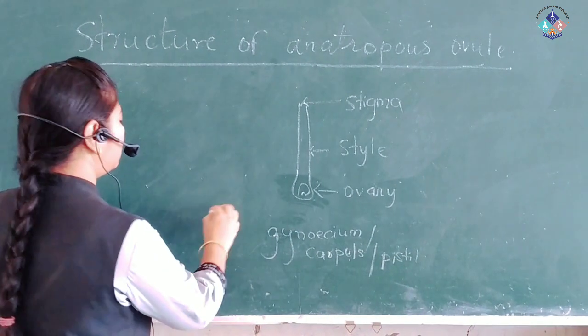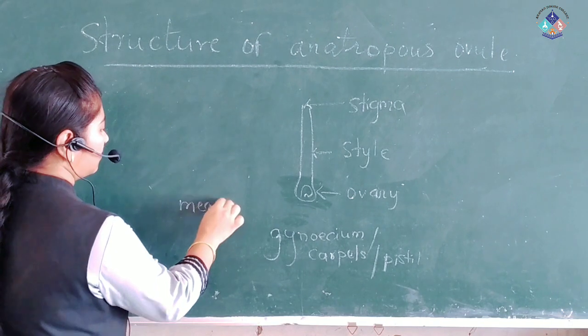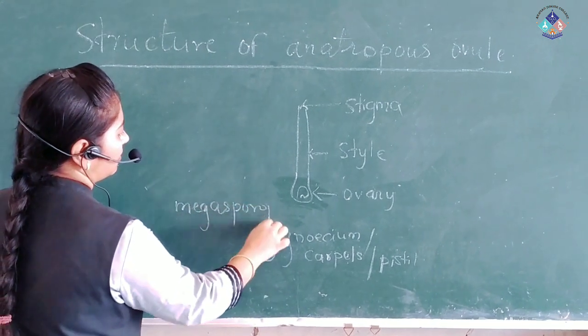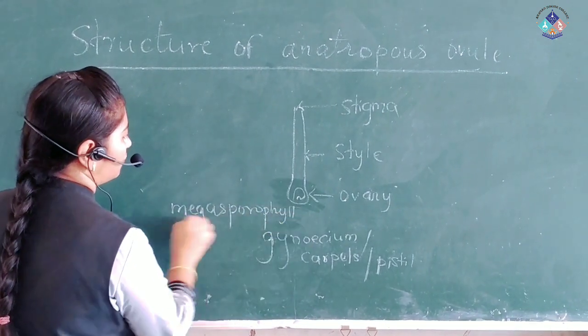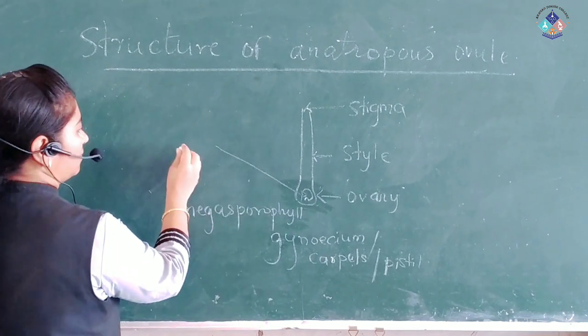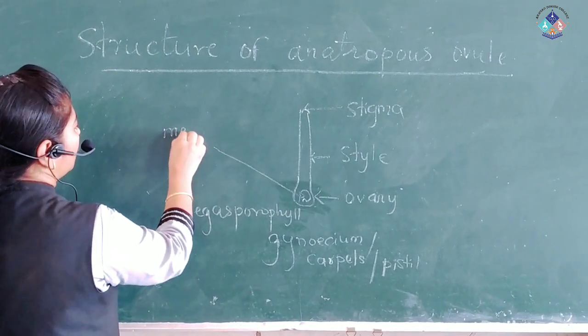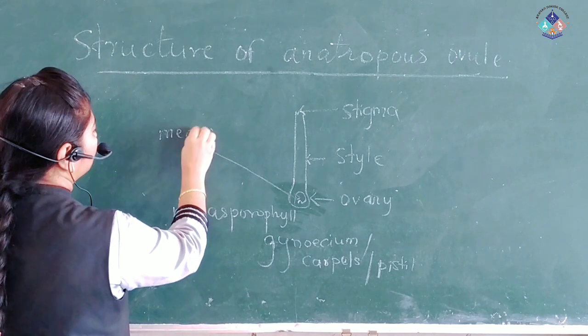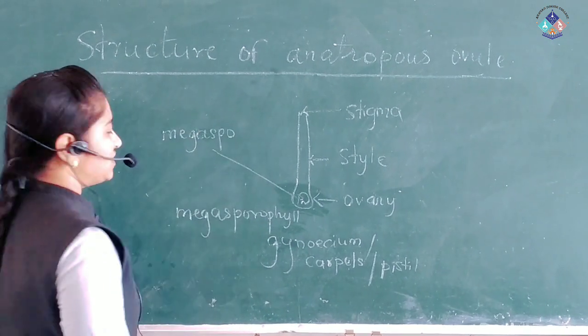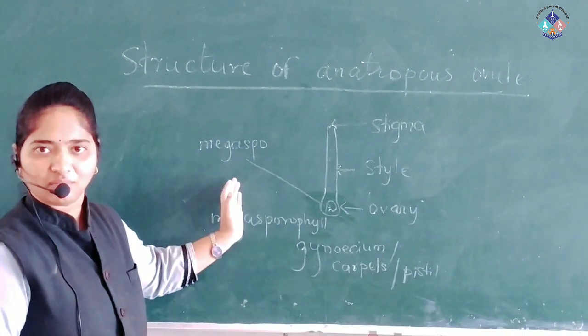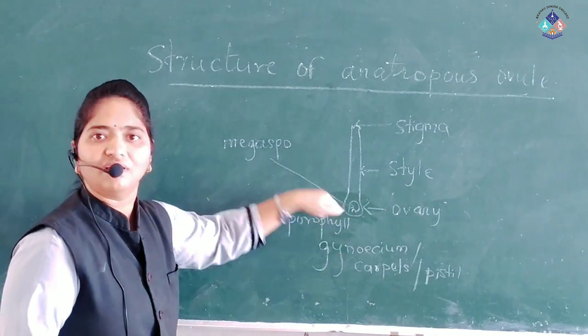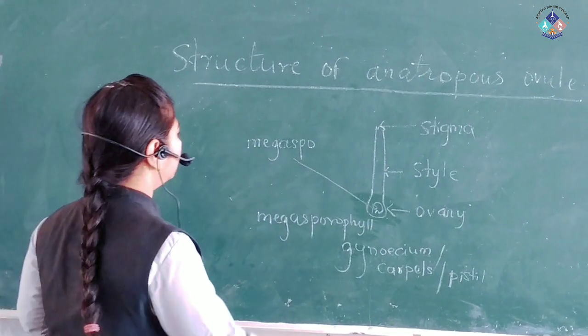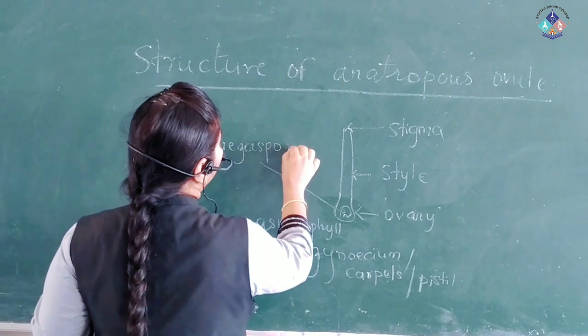or it is similar to megasporophyll. It is also called megasporophyll, and the ovule is called megasporangia. Same question has been asked here for NEET exam. Means ovule is equivalent to what? The answer is megasporangia.